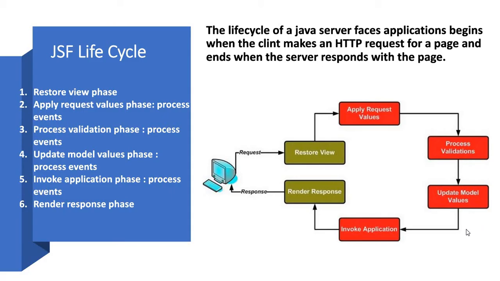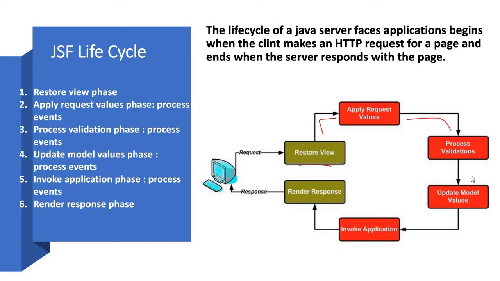When a user clicks on any button, it first requests the restore view. This is the first phase of the JSF lifecycle. After that, it goes to apply request values. Then it goes to process validations.